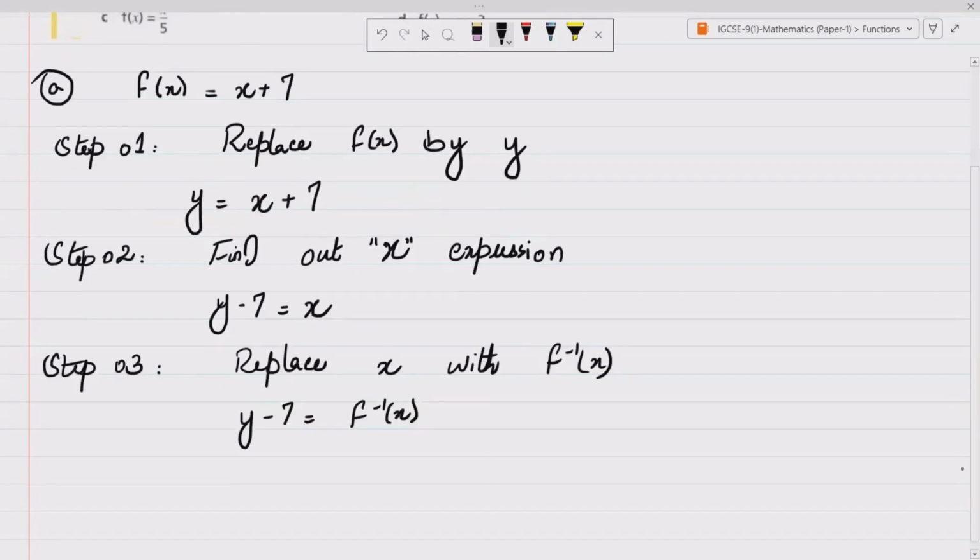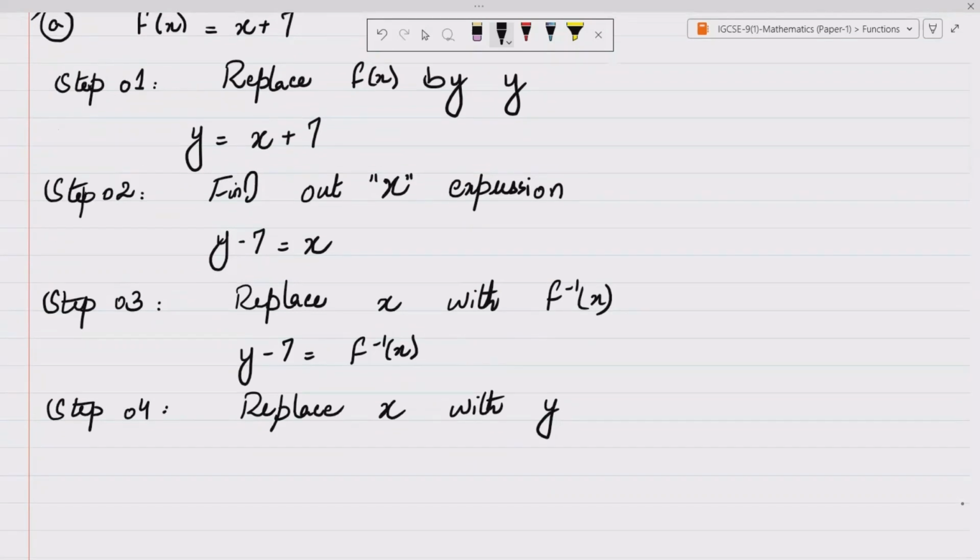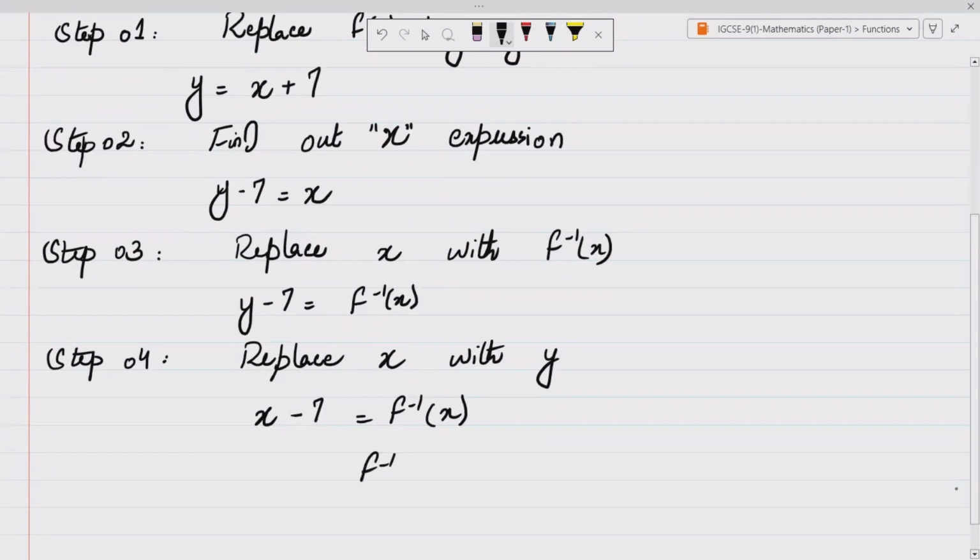And then in step 4, replace y with x. So this y becomes x, and x minus 7 equals f inverse of x. Then we are done. So f inverse of x equals x minus 7.